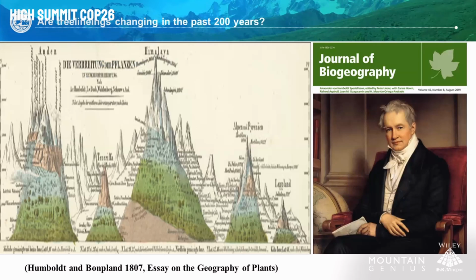When we talk about the tree line in Himalaya, in fact, 200 years ago, Humboldt already plotted the vegetation along the elevations, and it also has one of the highest tree lines in the Himalaya.